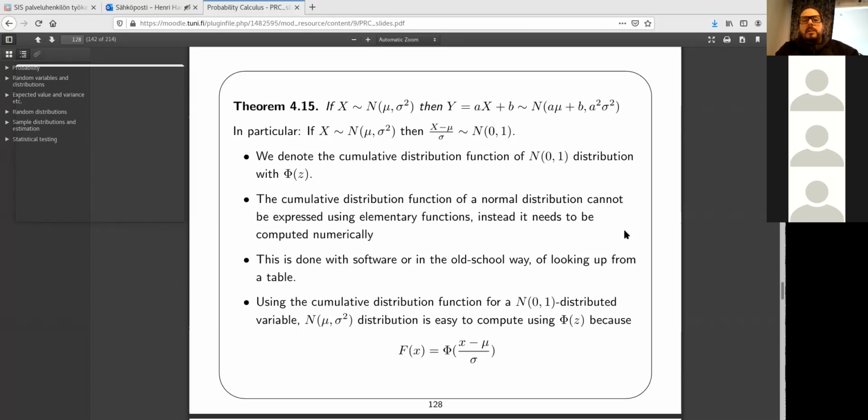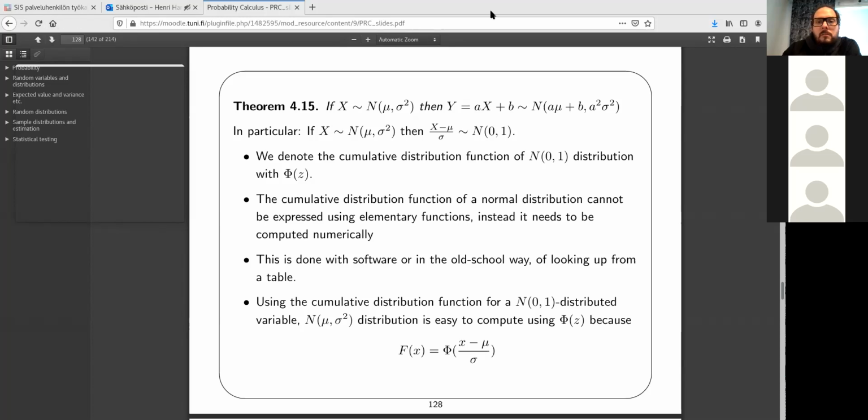We cannot express the cumulative distribution function using elementary functions without integrals. So it needs to be computed numerically, and historically it has been computed already in huge tables, which we can read. I'll show you an example of it.